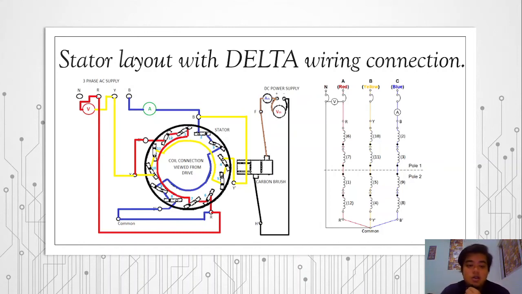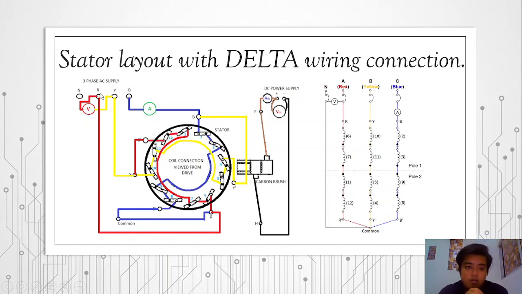CE190028. So in this presentation we explain the wiring connection for the stator in delta. So this is the wiring connection for the stator, and to make this connection we refer to the circuit given in the lab.